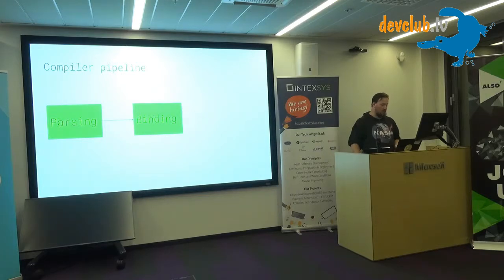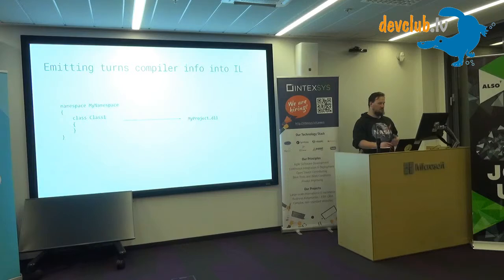So we're done with binding. What's left is emitting, which is just taking our code, the semantic model bound to our files, all of the information, and the compiler will emit a DLL, an exe, whatever. Inside, it takes our syntax tree, a C# grammar syntax tree, and turns it into a CIL syntax tree, which is the language that .NET runs on in the runtime.